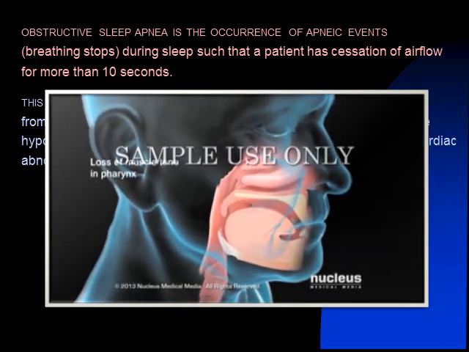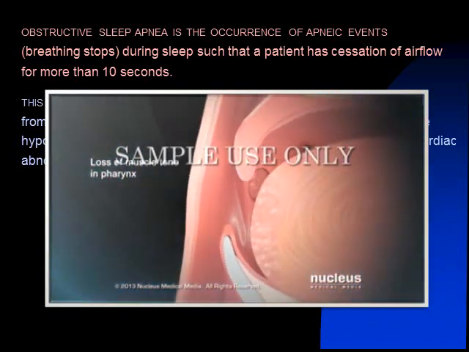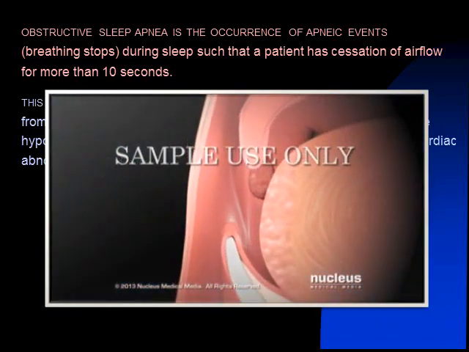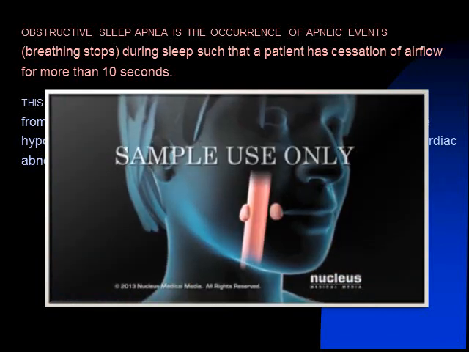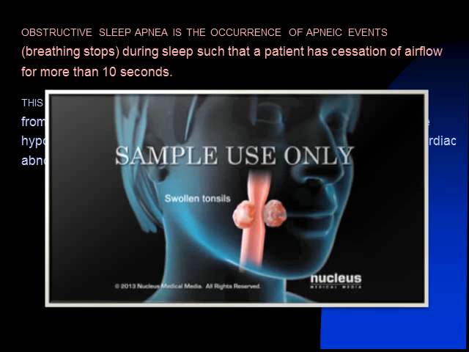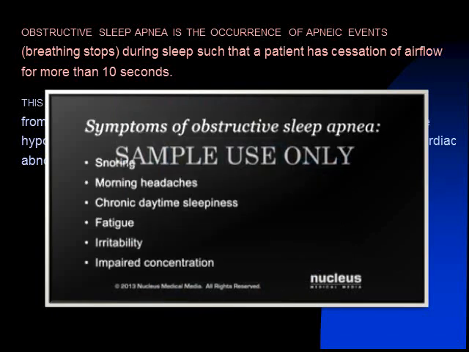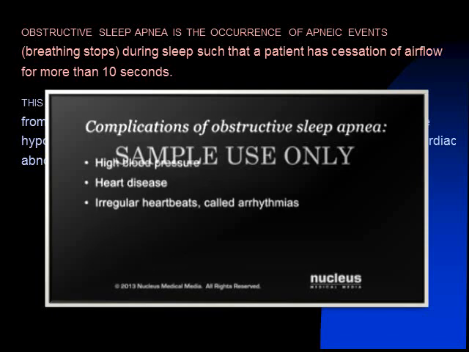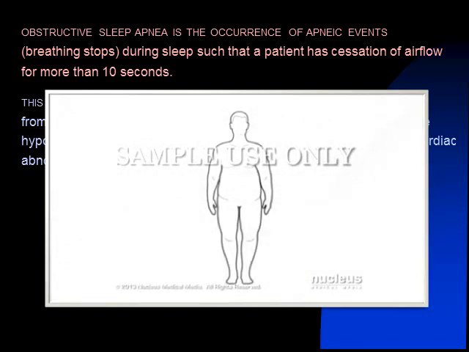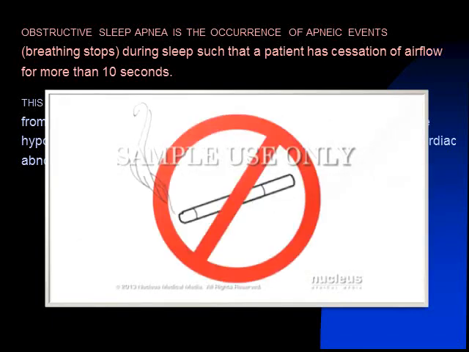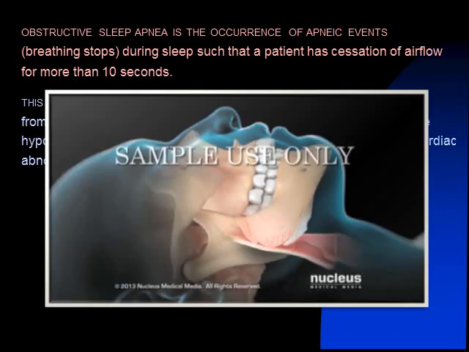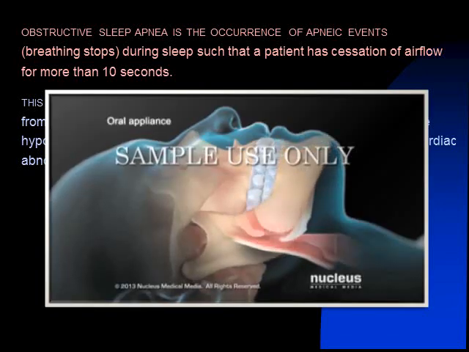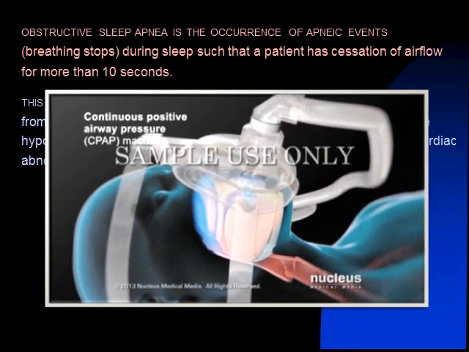Loss of muscle tone in your pharynx due to aging, swollen tonsils, small jaws, or other causes may lead to this airway obstruction. Your doctor may recommend lifestyle changes or a device that keeps your airway open, pulling your jaw forward and moving both your tongue and the roof of your mouth away from the back of your throat, or positive airway pressure over your nose and mouth.